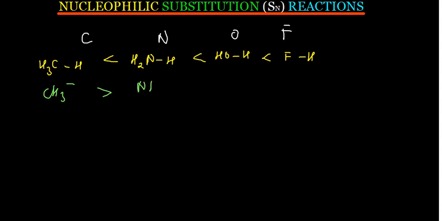We are going to have NH2 minus, which is going to follow, and then hydroxide, and then the fluoride ion. So the hydroxide, this base, is much weaker in comparison to the amide here. So that is also how we are able to talk about the strength of acid going across the period, and also the strength of the base.